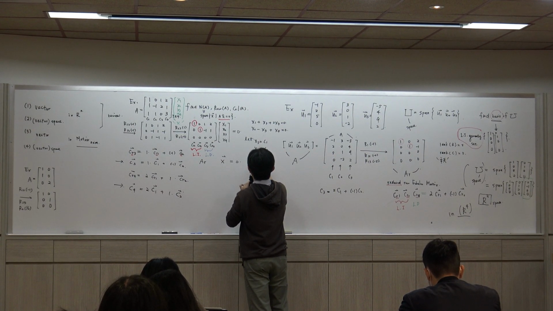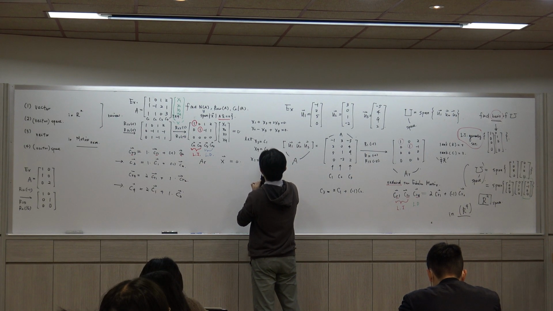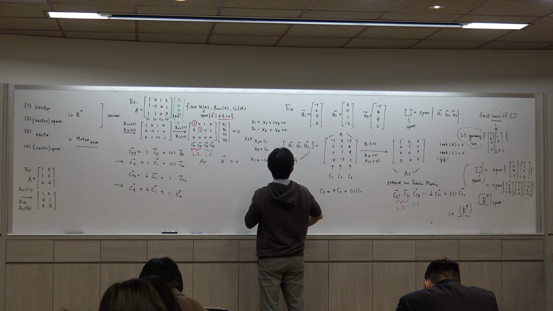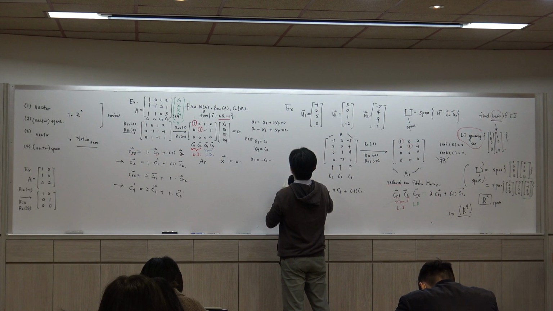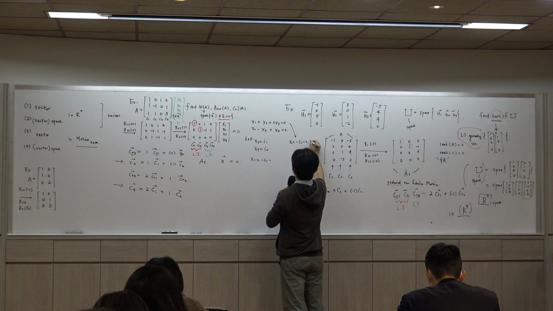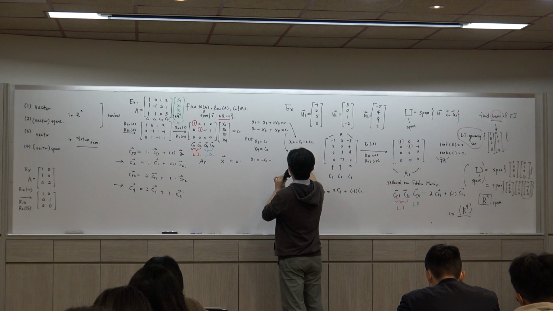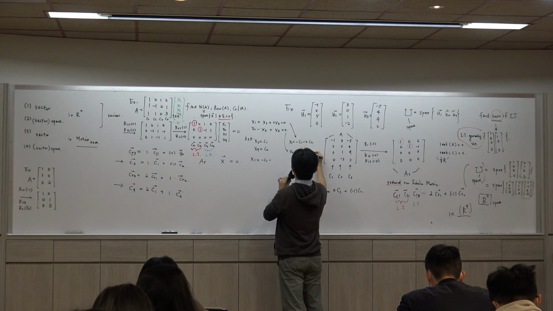So we can have S1 equals minus C1 minus 2C2, and S2 equals C1 minus C2.